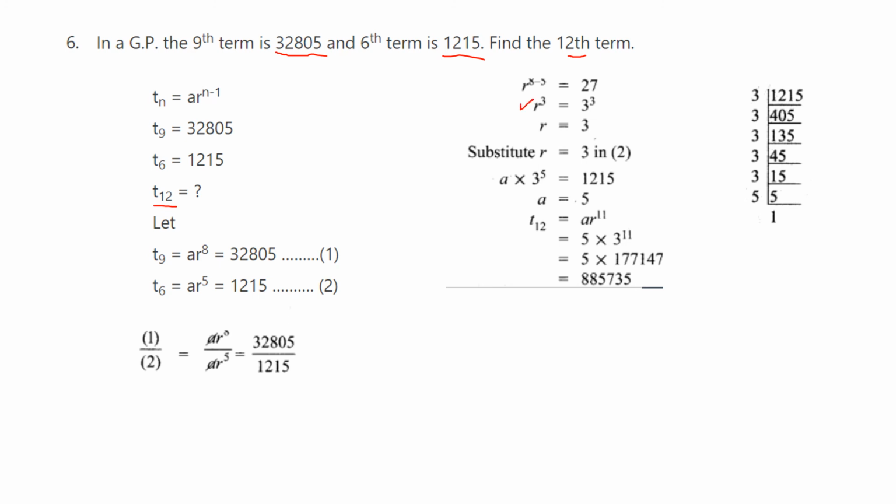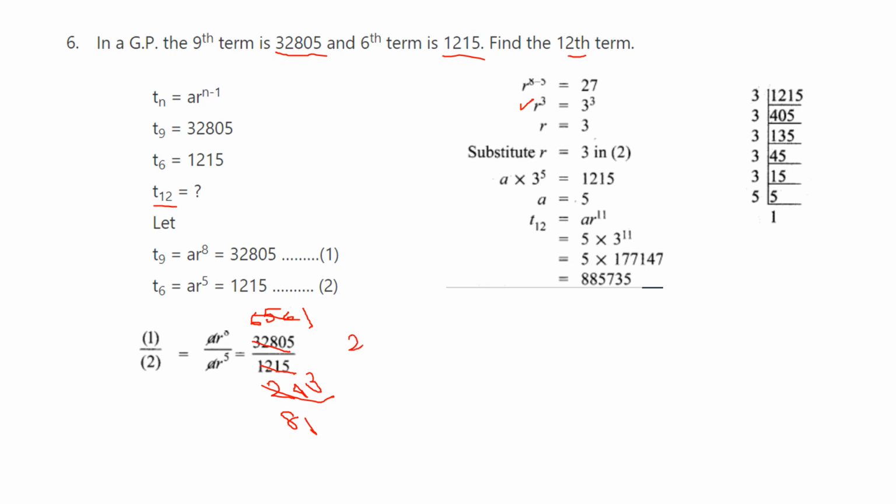Also cancel 32,805 by 1,215 using the tables. With the 5 table: 2 fives are 10, 4 fives are 20, 3 fives are 15, 6 fives are 30, 5 fives are 25. Then with the 3 table: 8 threes are 24, 2 threes are 6.